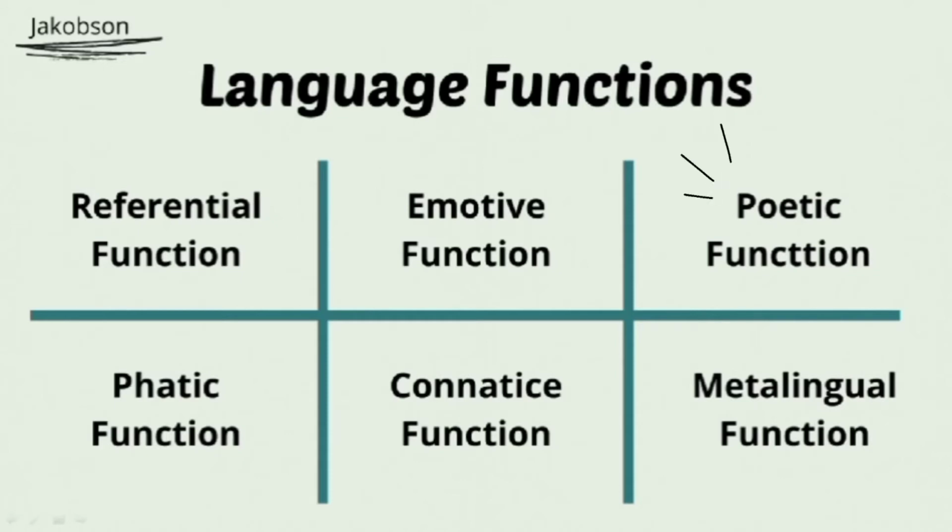The poetic function of language is the aesthetic of language, which allows the creation of a message. The phatic function aims to maintain communication between speakers. The conative function aims to cause a reaction in the listener. And last, the metalingual function is the language used as a metalanguage to describe matters related to the language, such as definitions and explanations of the meaning of a word.